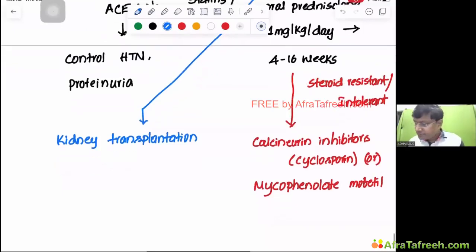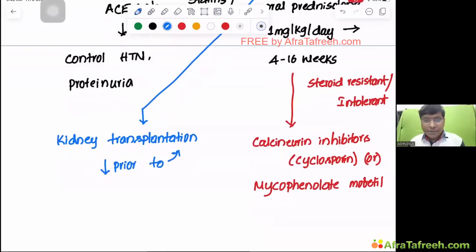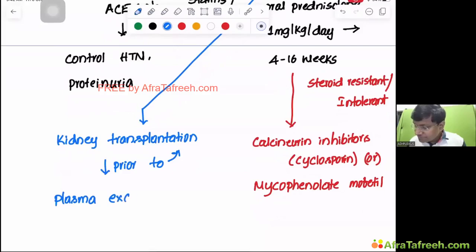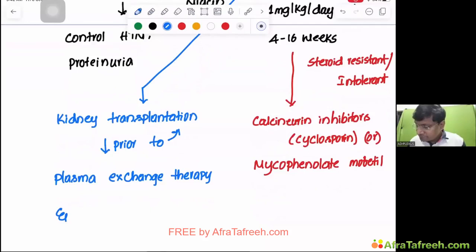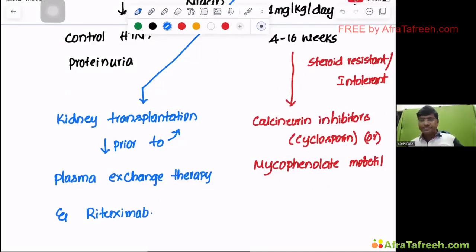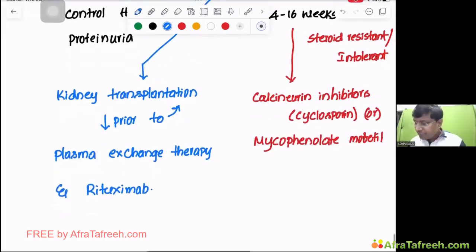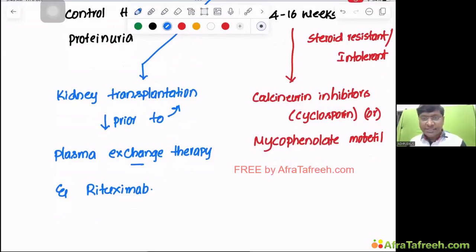That is the reason why, prior to the transplant surgery, you have to give plasma exchange therapy and possibly rituximab.